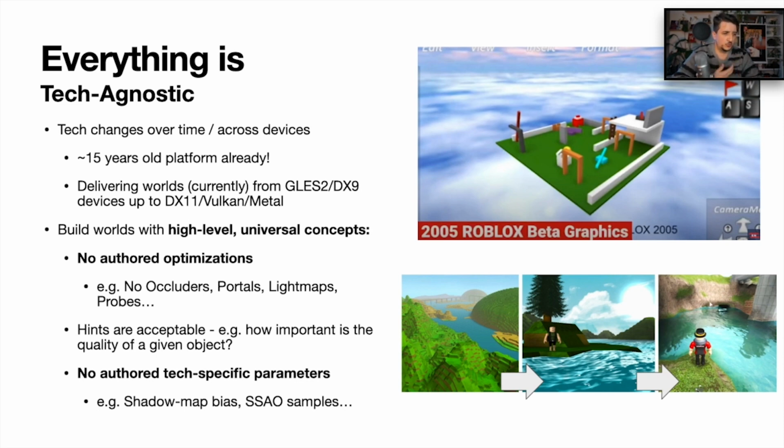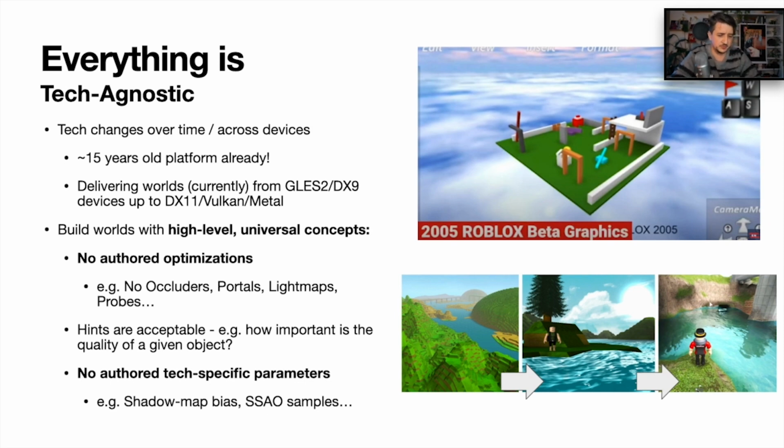We don't have things like occluders, portals, lightmaps, all those concepts that are really linked to a specific technology. We don't allow them as primitives in our virtual worlds. Nor do we allow people to tweak tech-specific parameters like a shadow map bias or the number of samples in SSAO, or even the fact that there is an SSAO.